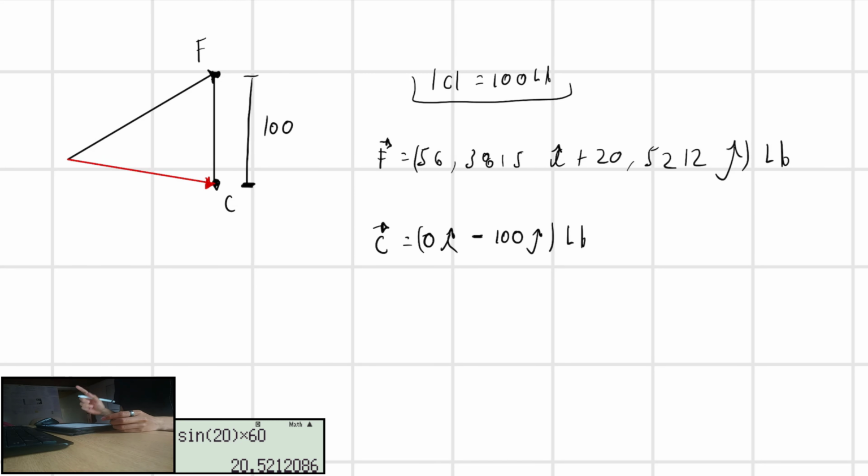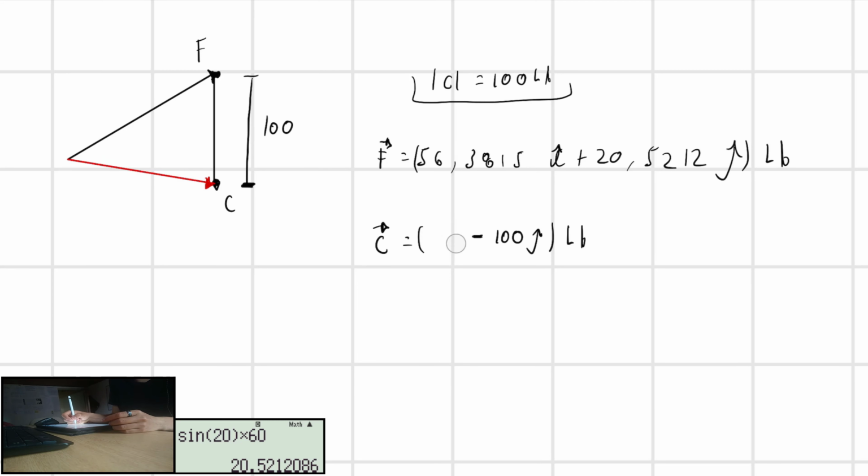Let me check, because I think that I've made a mistake. The magnitude of this vector should be 100, right? Well, this is not 0. I want to make sure of this. This is not 0.